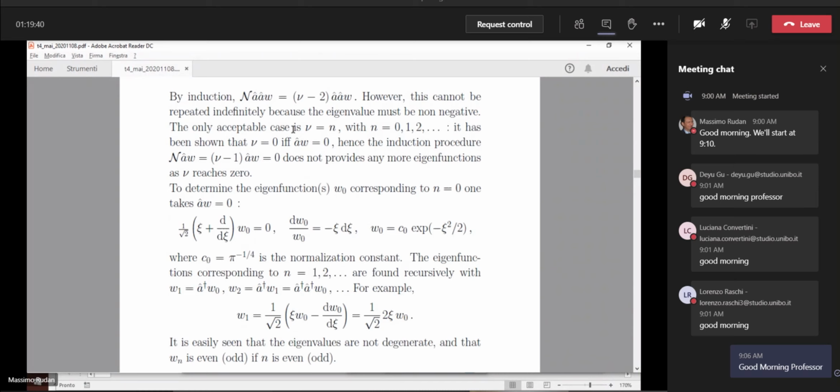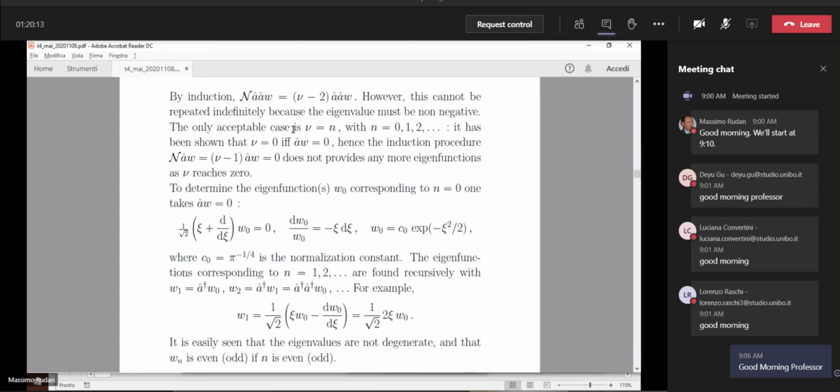So instead of using the symbol Ni, we use the symbol n. n is either 0, 1, 2, etc. So we have found, in a relatively simple way, the eigenvalues. Now we must find the eigenfunctions, okay?